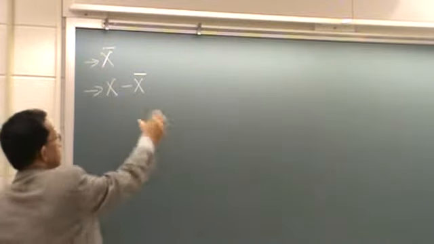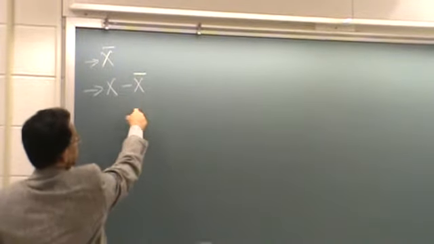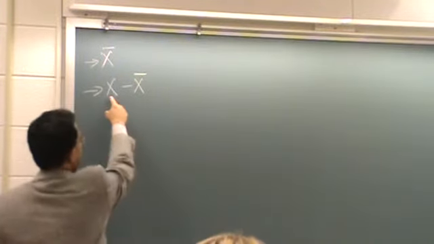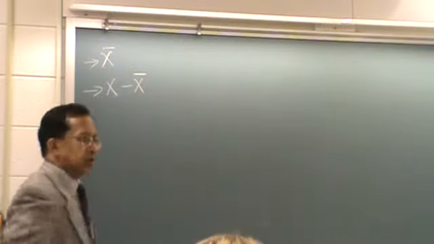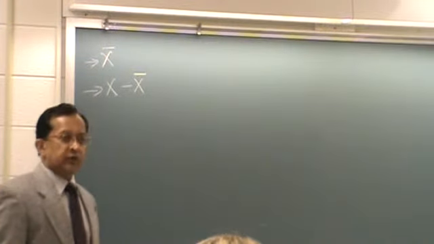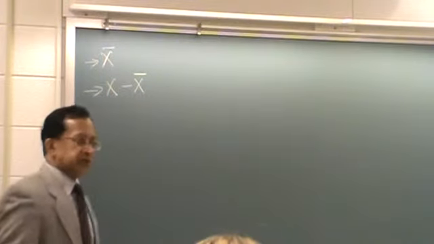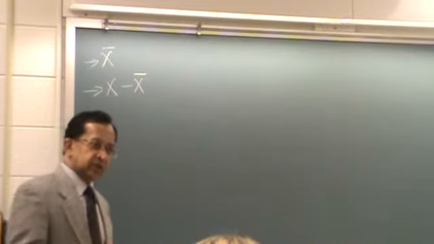For example, let's say your X bar comes to about, I'm just saying, 28, and your X is 25. So 25 minus 28 is minus 3. So that's a negative sign.